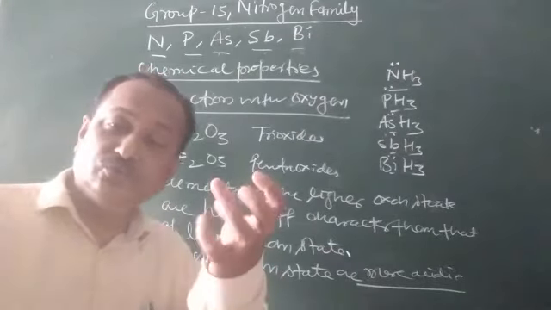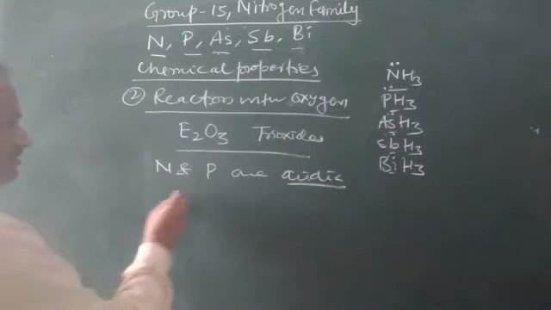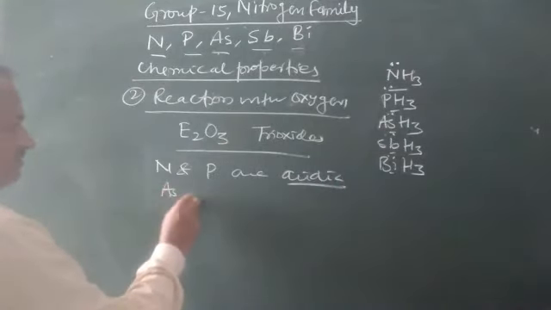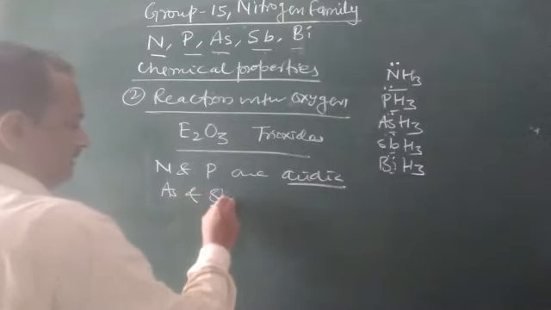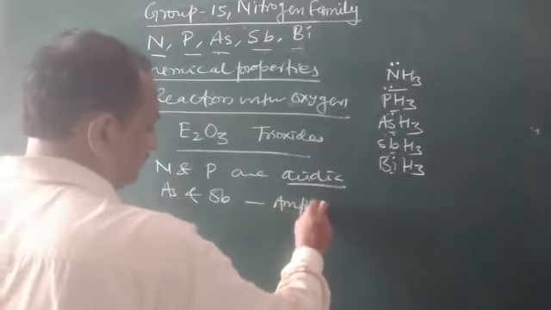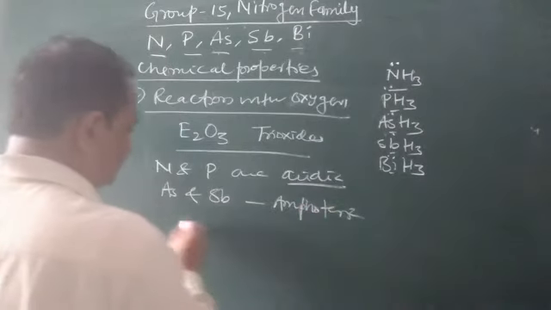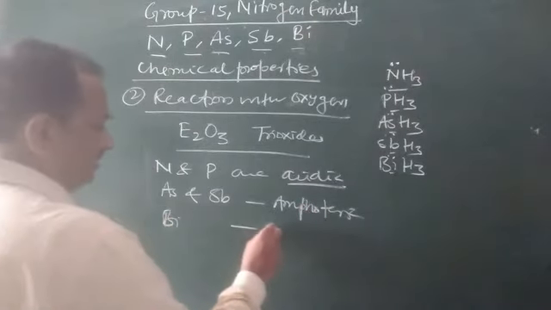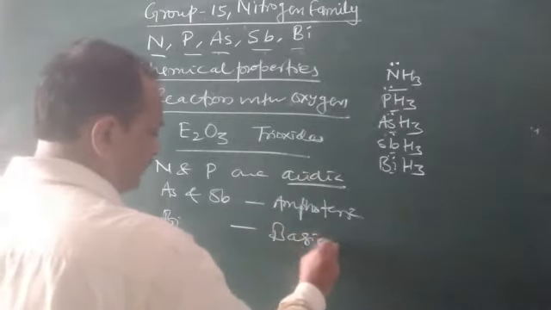Now the trioxides are of much more importance. The trioxides of nitrogen and phosphorus are acidic, and those of arsenic and antimony are amphoteric, while bismuth trioxide is basic.